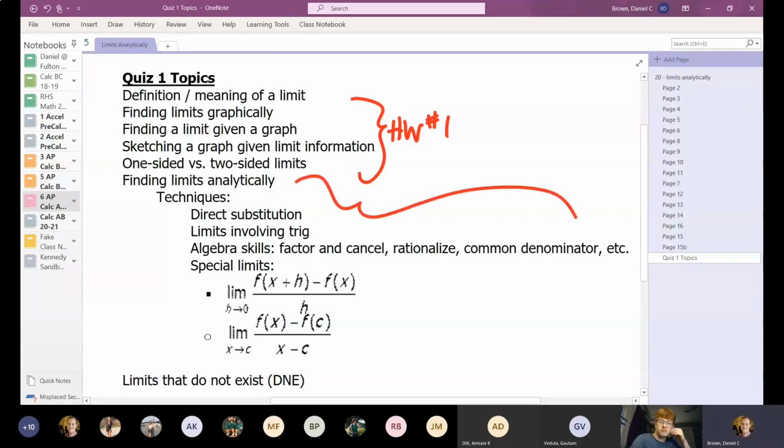I list a whole bunch there, but basically if you do homeworks number 2 and number 3, that's getting you to review limits analytically. So everything from direct substitution to making sure we know how to evaluate trig and the unit circle and common algebra skills and things like that.